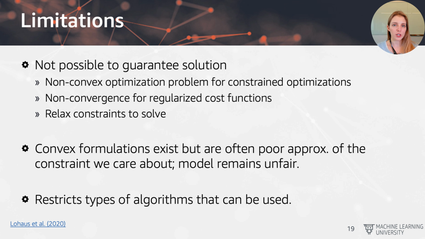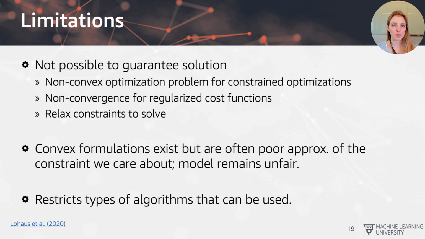So we might not converge to a solution, and then we need to relax the problem formulation. And the relaxed constraints, and this is the second bullet point here, are often a poor approximation of the actual constraint that we care about. So that means even if we achieve our objective, the model might remain unfair.